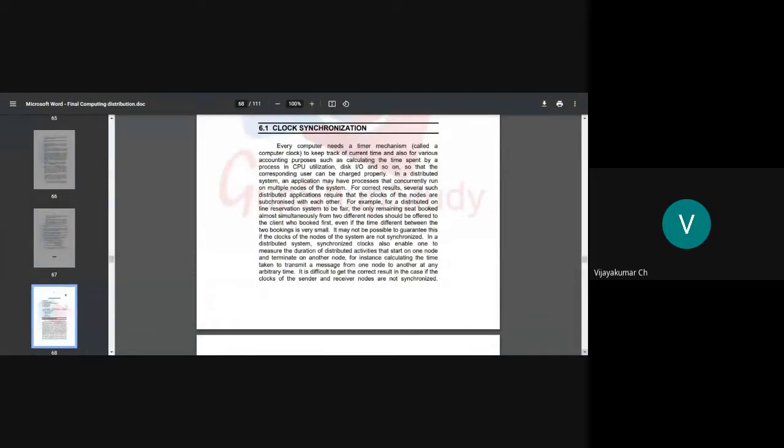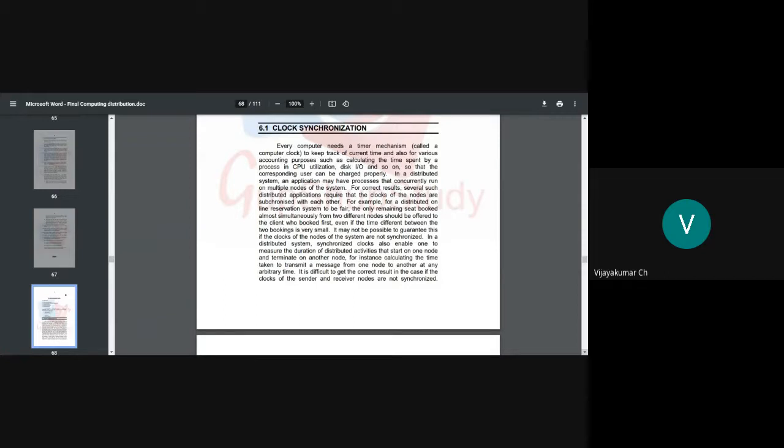In a distributed system, synchronized clocks also enable one to measure the duration of distributed activities that start on one node and terminate on another node. So, in these distributed systems, synchronized clocks are maintained, and they enable measuring such durations.